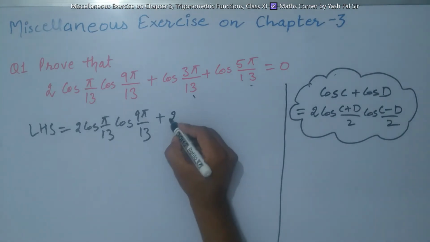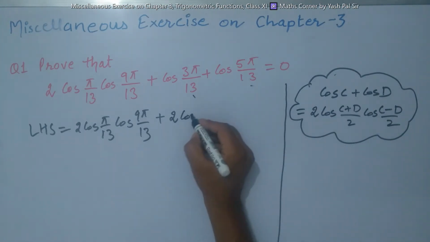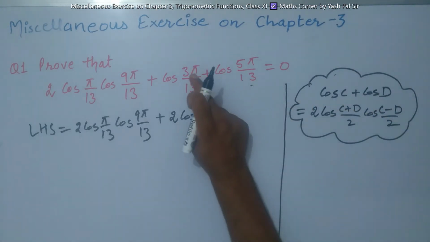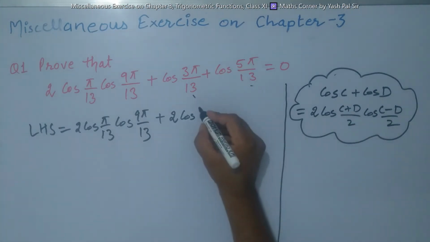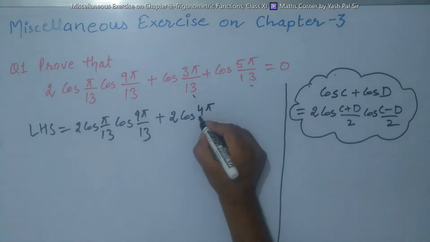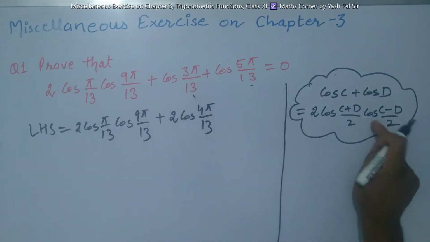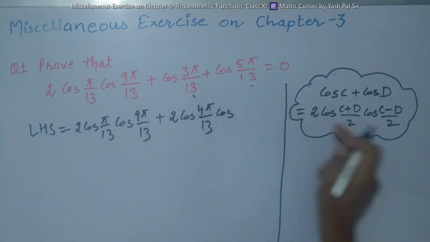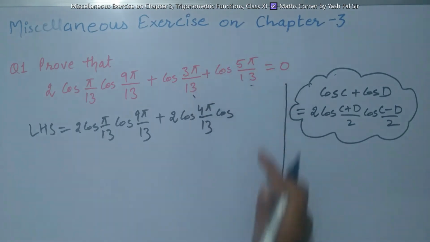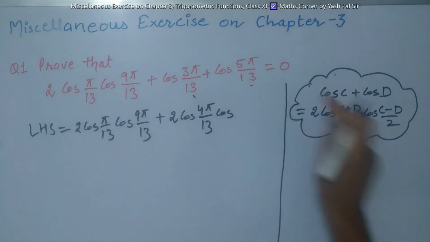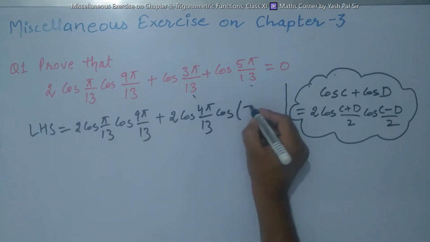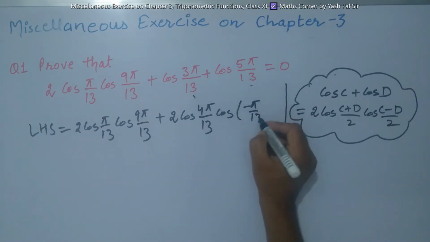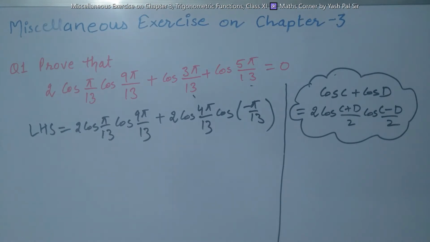We write this equal to 2 cos, C plus D, 3 plus 5, 8 upon 2, 4 pi upon 13, into cos, C minus D, 3 minus 5, minus 2 upon 2, minus 1, minus pi upon 13. So this is the left hand side.